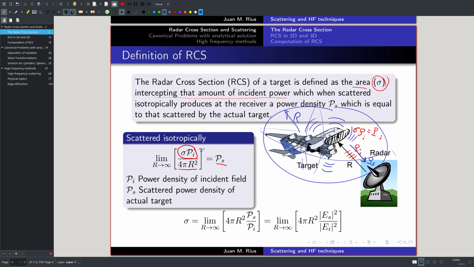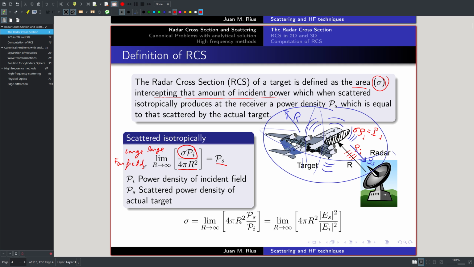Then the intercepted power that is radiated over the surface of the sphere is equal to the scattered power density of the actual target. Of course, this is at large distance. We set this observation distance r to infinity because it is at very large distance, so it is using the far field equation.